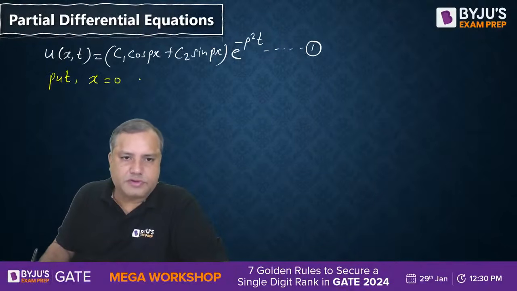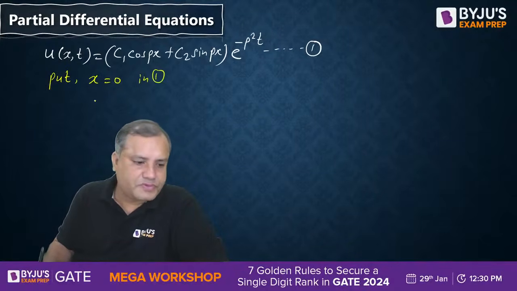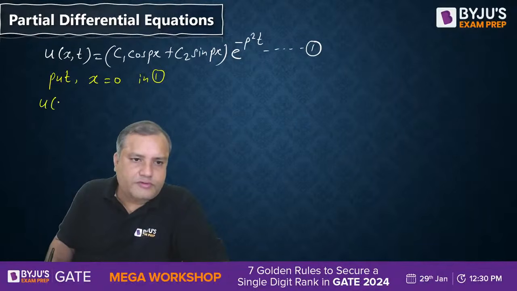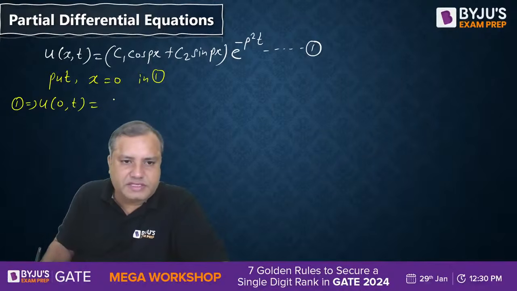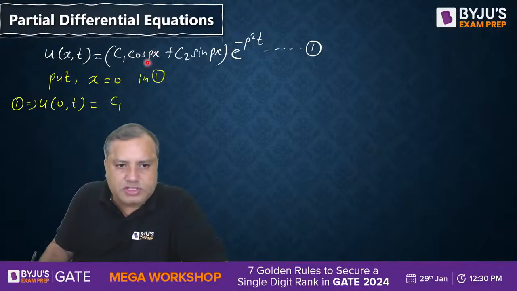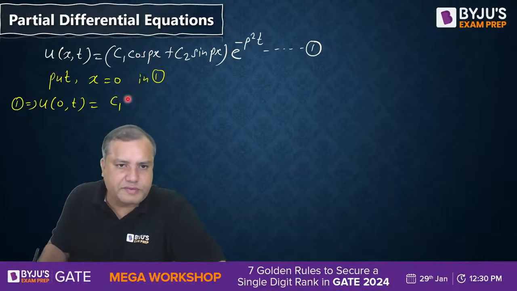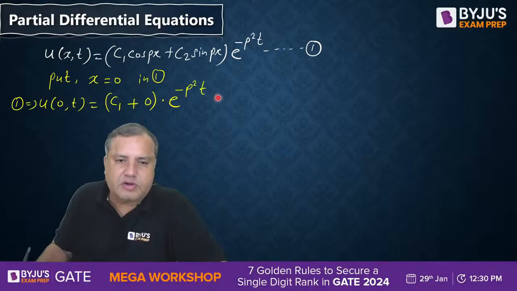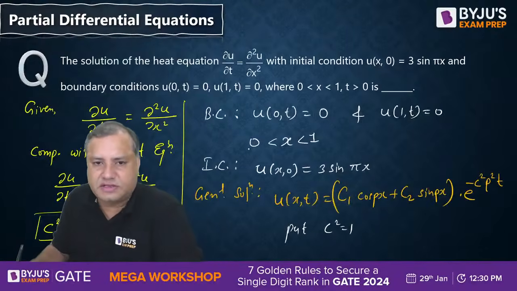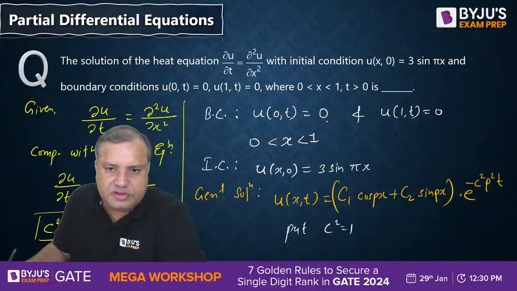Put x equal to 0 in equation 1. So u of 0 comma t: x is 0, so cos 0 is 1 and sin 0 is 0, leaving e to the power minus p square t. Now this is given as 0.